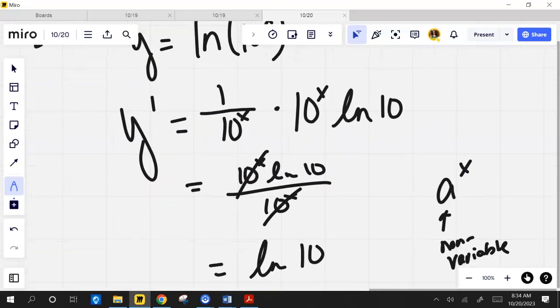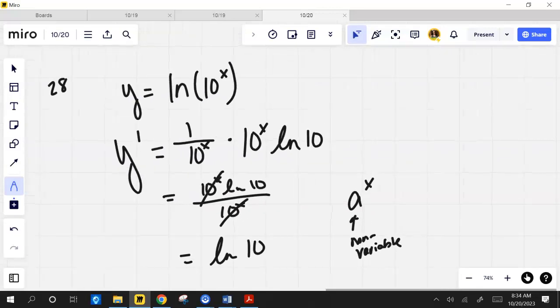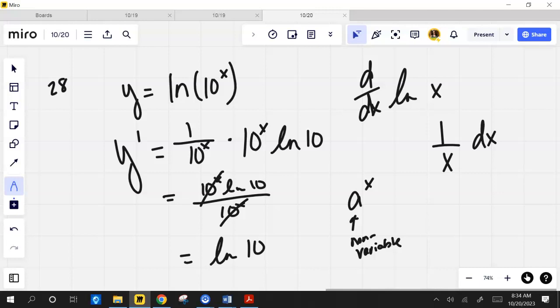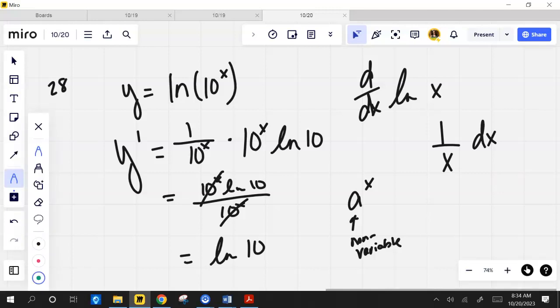No, because what I'm doing is, remember, if I've got the log of x, and I take the derivative of this, it's going to be 1 over x, but then I have to follow it with the derivative of x. It's just because what was in parentheses here was something more than just x. So that's why I followed it with the derivative of that.